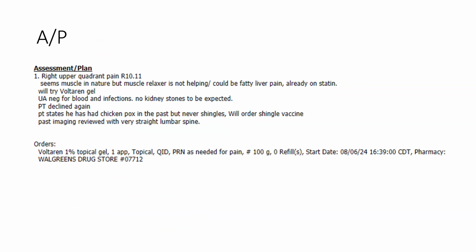All right, so getting into the crux of medical decision making with the assessment and plan. Very straightforward, but the plan in this case was very overarching.